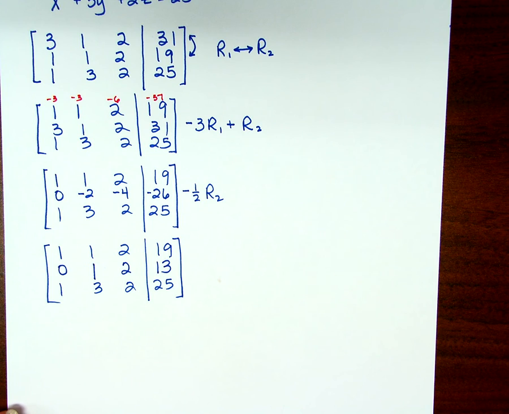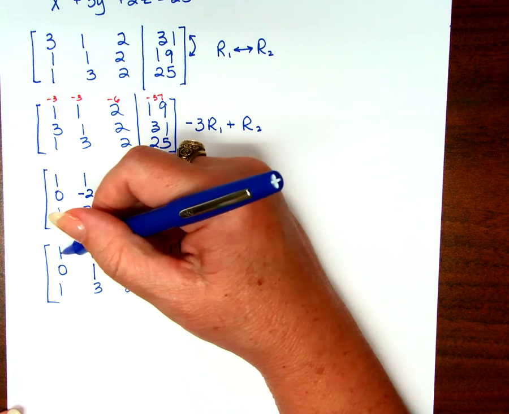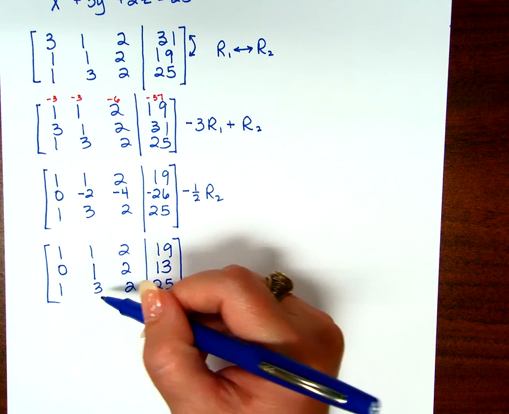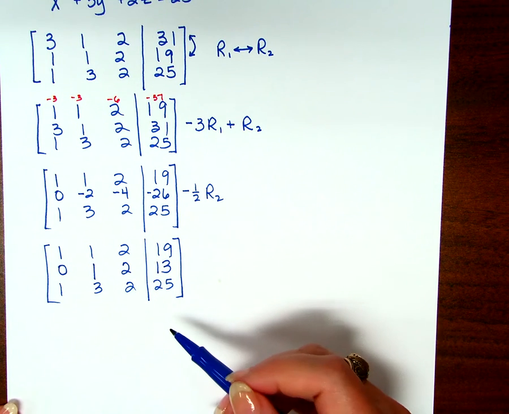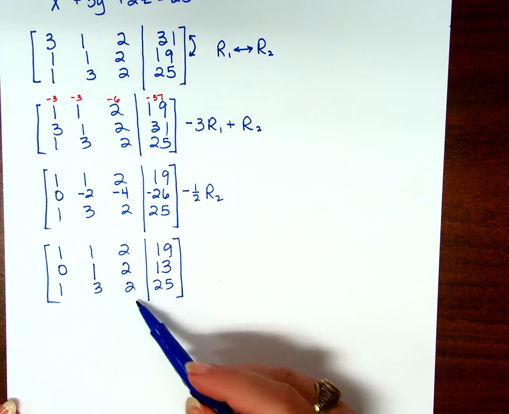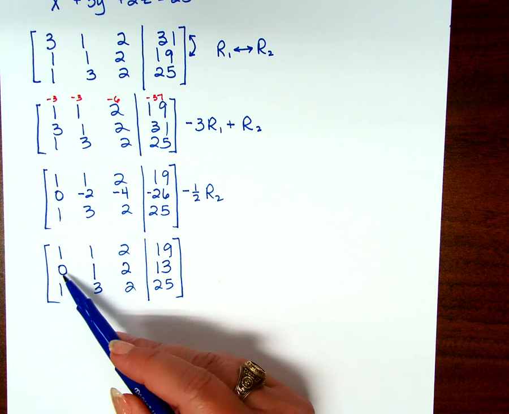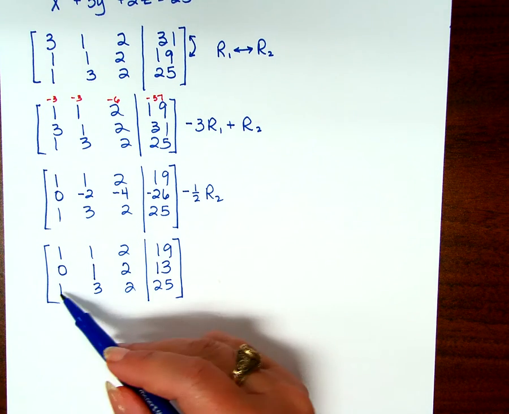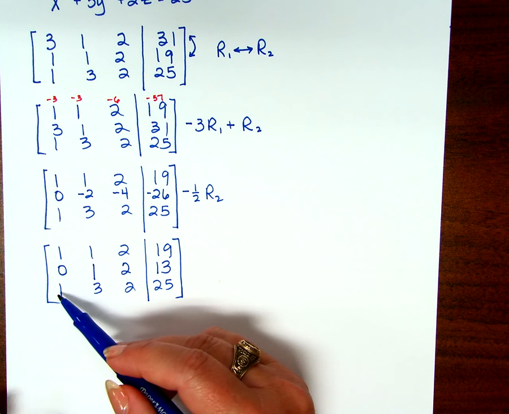All right, think about what I need. I need a diagonal of 1s, and I need zeros here and here and here. I tend to look at the diagonal of 1s and this bottom section first when I'm trying to get them to where they need to be. So the next thing I saw is that I want to make this go to 0 if I can, right?